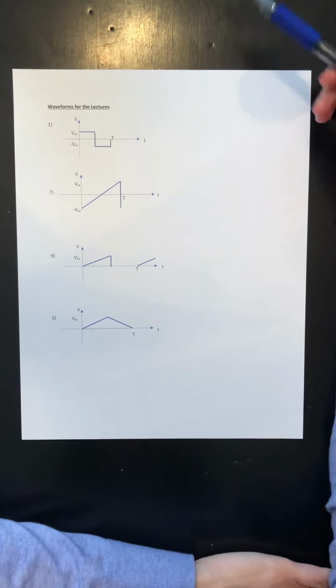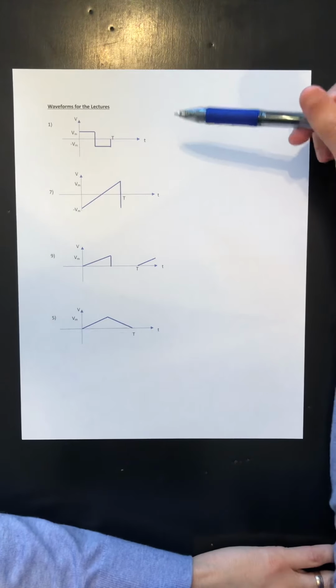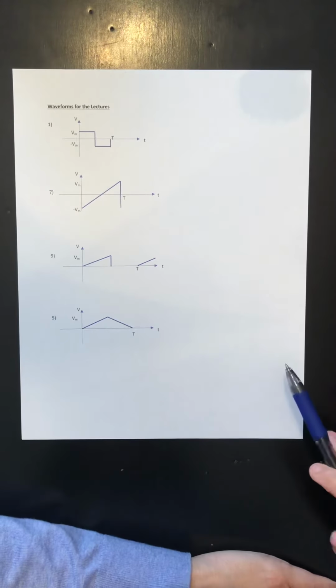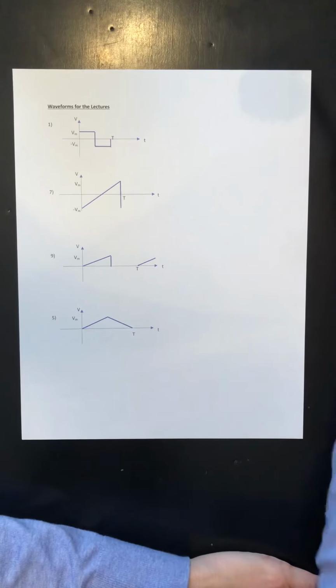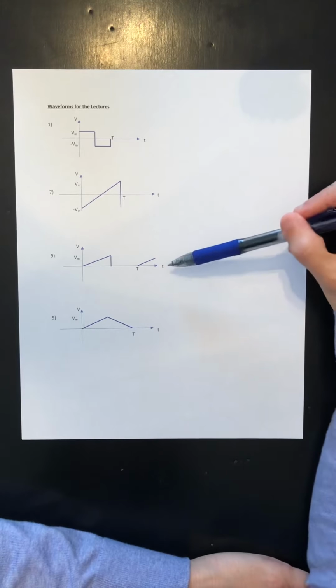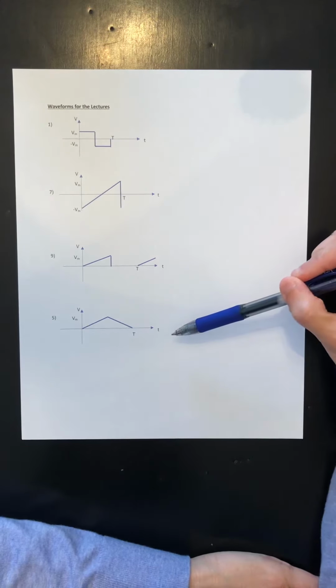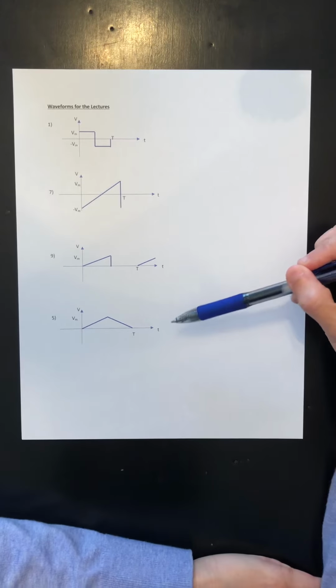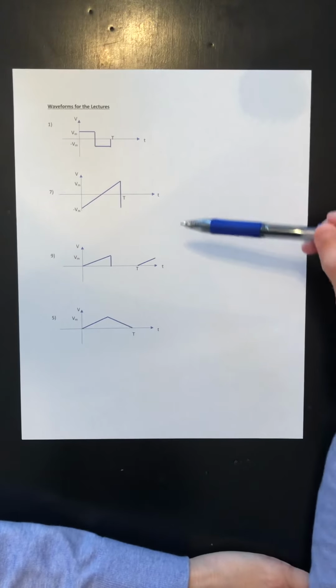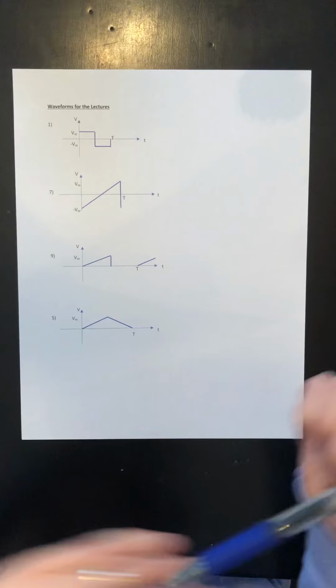So what I want to show you today is that we can take the drawings themselves and translate them into functions. So we're going to write down the equations that correspond to the waveforms. For the purpose of the lecture, I'm going to focus on waveforms 1, 7, 9, and 5.